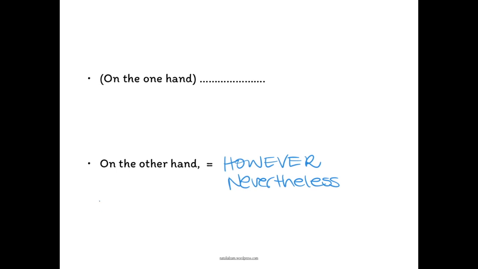And sometimes this is introduced with a "but on the other hand". That's not necessary at all, but sometimes if you use it in the same sentence, it can be introduced with this.